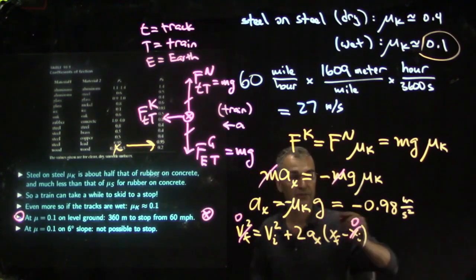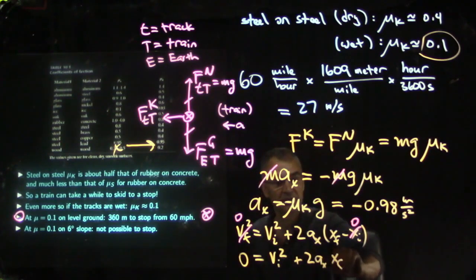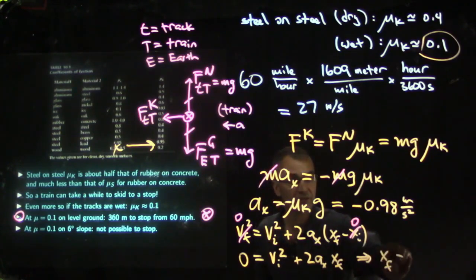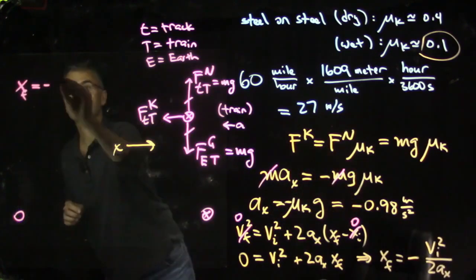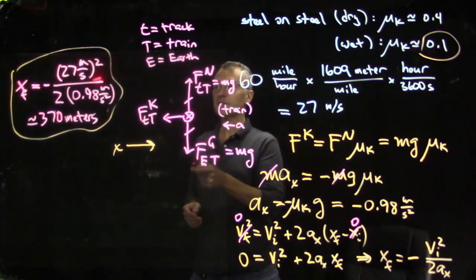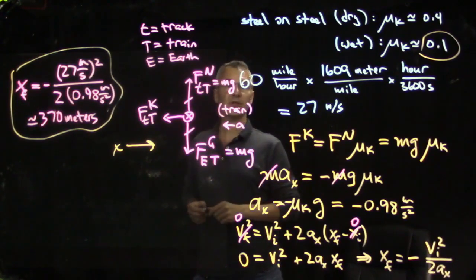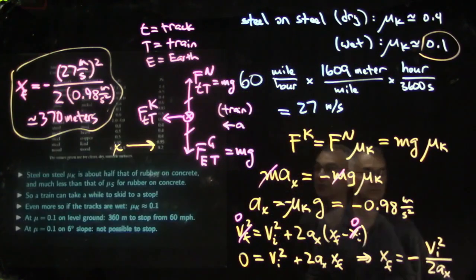So then that gives us 0 equals v initial squared plus 2a sub x, x final, which gives us x final equals minus v initial squared divided by 2 times the acceleration. Plugging in numbers, in magnitude, that is 370 meters. So if the train starts at 60 miles per hour, and if it's on wet tracks and you only have 0.1 coefficient of kinetic friction, it takes about 370 meters to slide to a stop.